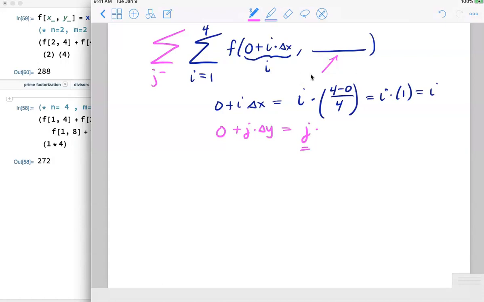And delta y, we need another letter for another sum variable: the summation j goes from 1, and we also split that into 4, right? And we started our endpoints where the bottom endpoints were 0, and we were doing right endpoints, so we're doing 0 plus a little bit. And that delta y was going to be 8 minus 0 divided by 4, so we were getting 2j.